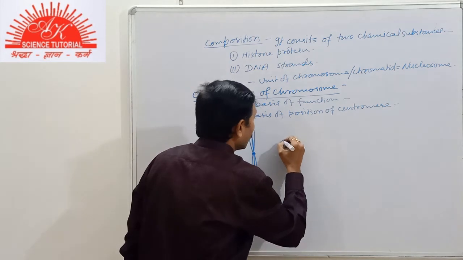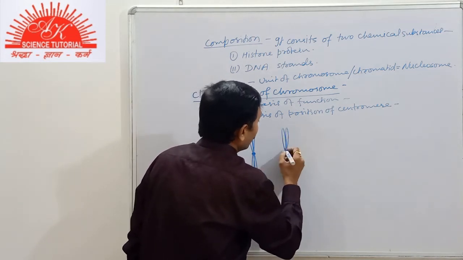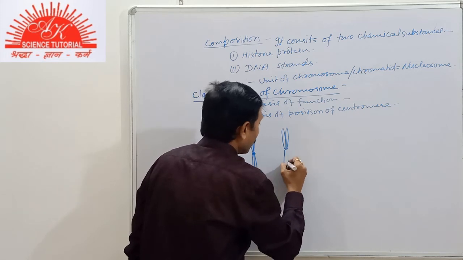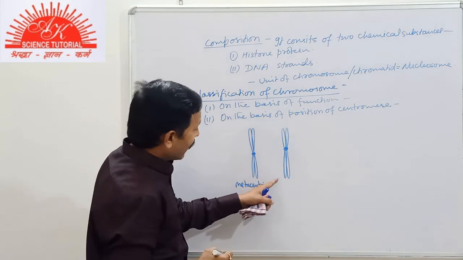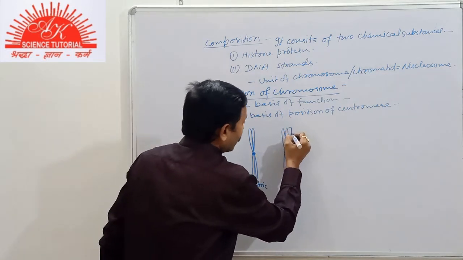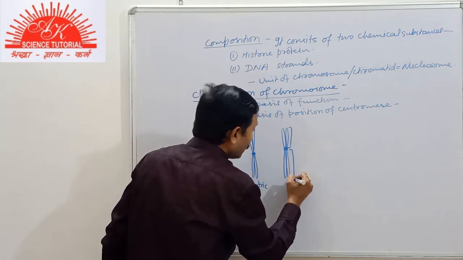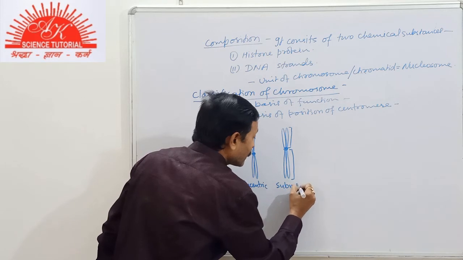Second, if the centromere is slightly away from the center, such that one arm is longer and another arm is shorter, like this, then this is called submetacentric.